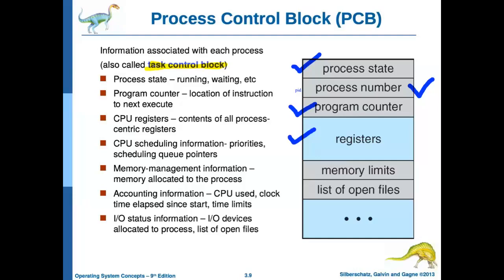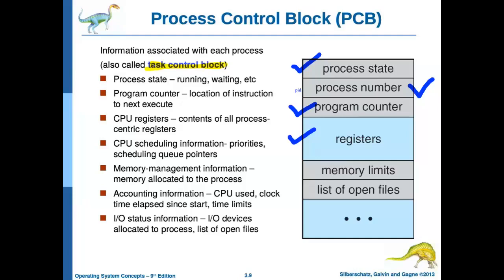CPU scheduling information is also there. Like for example, what is the priority of this process, then where it is actually in the scheduling queue. Imagine you have the round robin algorithm, say 5 processes are there, then what happens in round robin is process P1 executed for some time, then P2, then P3, then P4, then P5, then P1, P2, P3, P4, P5, something like this.